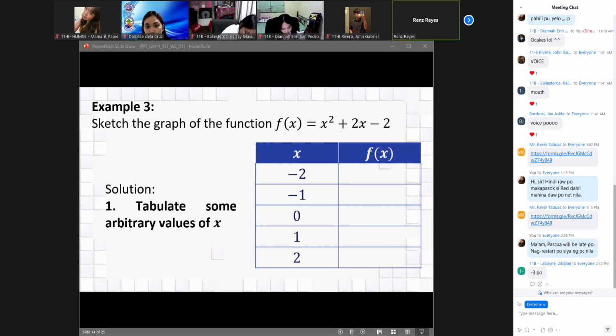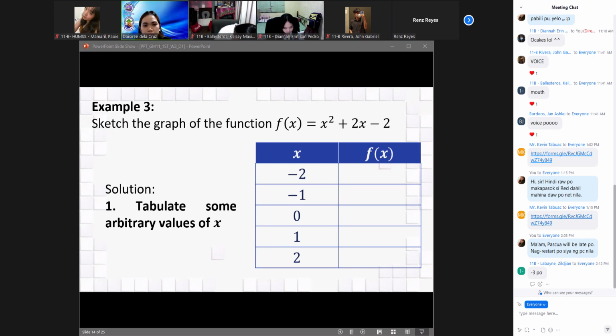Ma'am, paano po pag magkatabi yung positive 2 pati negative 2? Saan? Wait lang. Sige nga, kaya mo bang i-annotate yung screen ko? Sulatan mo yung screen ko para makita ko kung ano yung sinasabi mo.